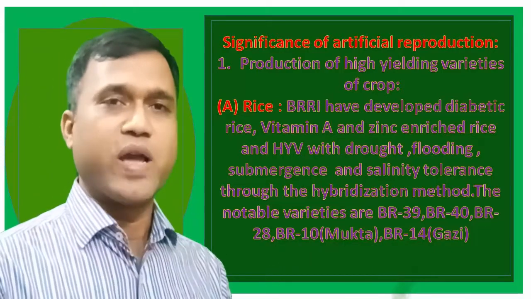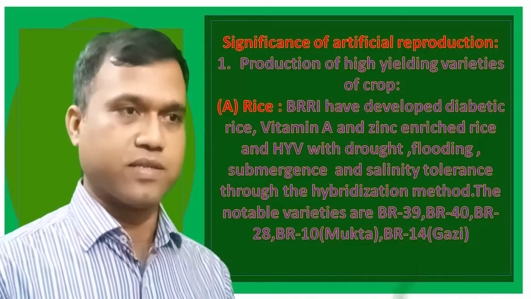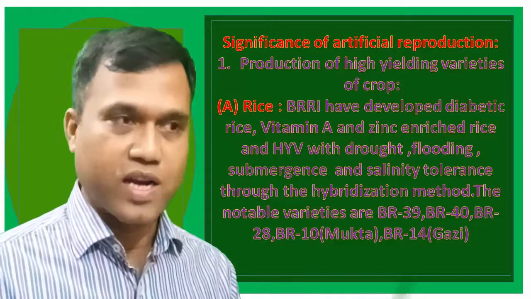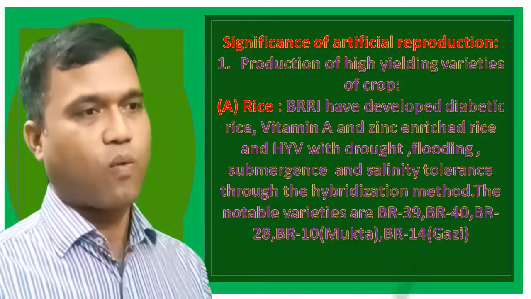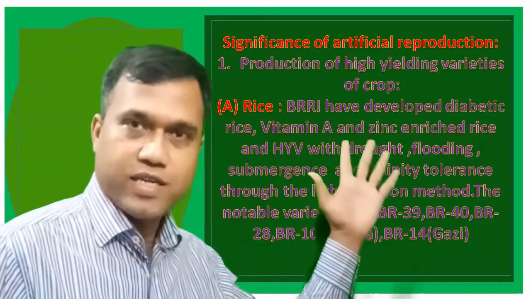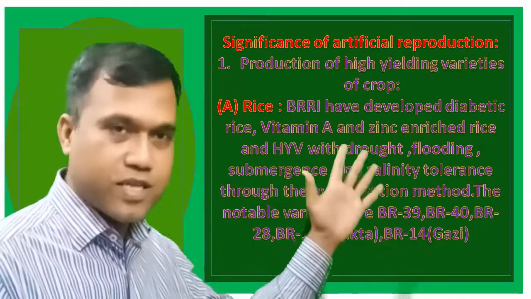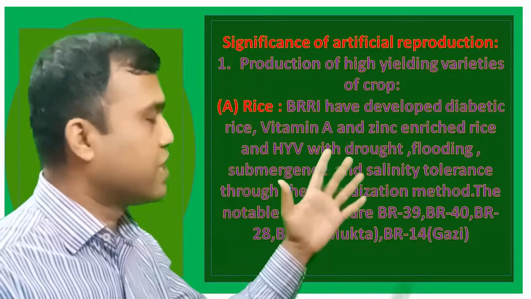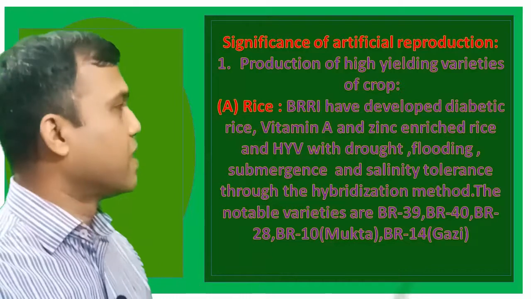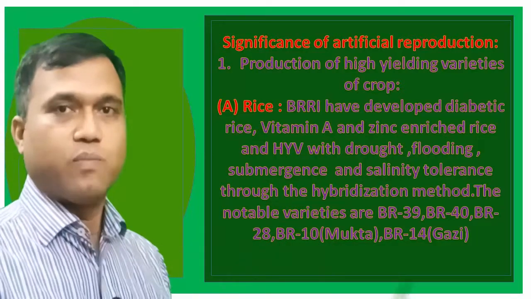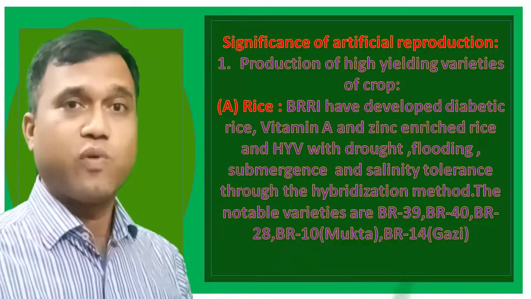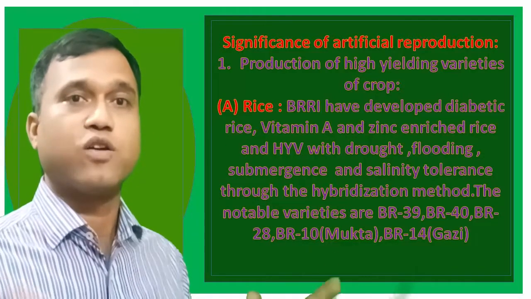They also produced many types of high yielding varieties, flood resistant and salinity tolerant varieties. Also they produced BR39, BR40, BR28, BR10, also known as Mukta, and BR14, also known as Gazi. These are different types of high yielding variety of rice.